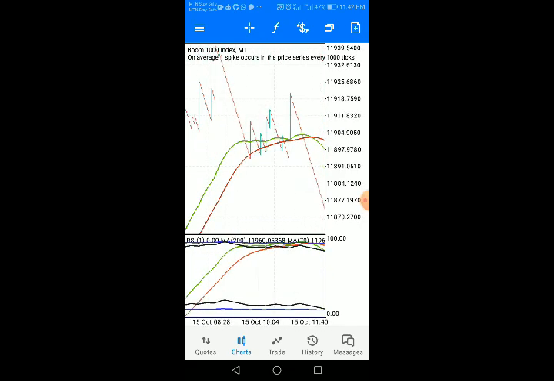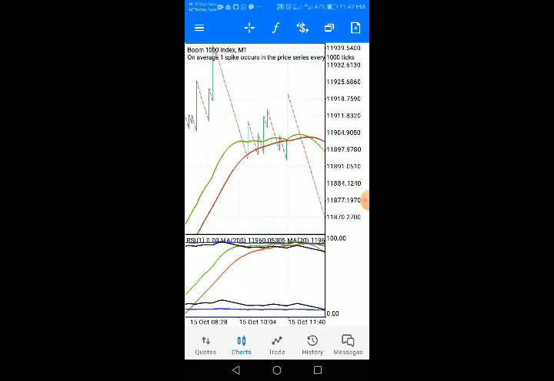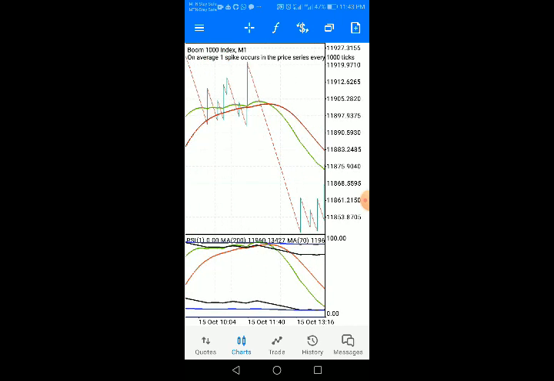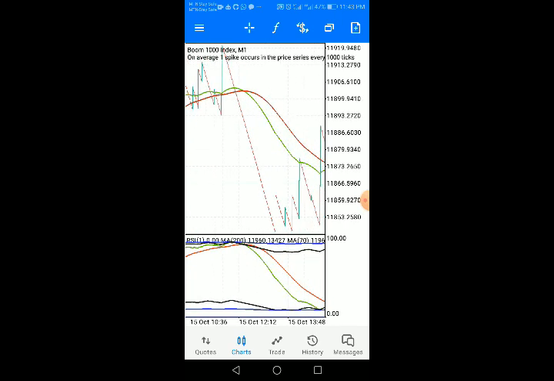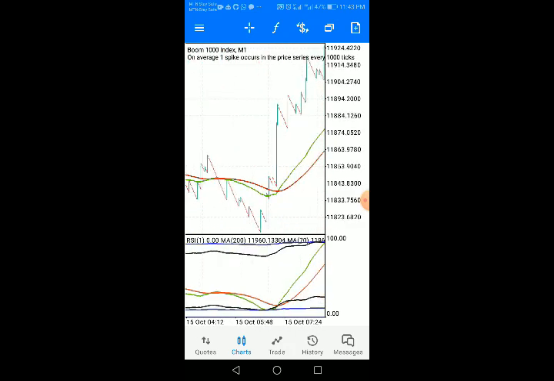All right, I guess this one did take place. Yes. So imagine if you have entered from somewhere here. So you can see how it went down. At least you could have made a reasonable amount of profit before the market changed direction.